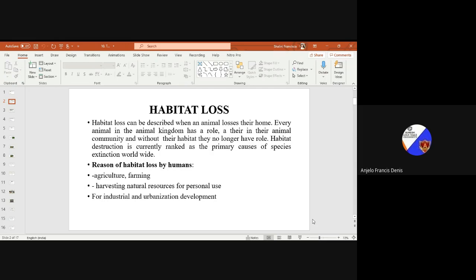So, what are the major reasons of habitat loss by humans? First is agriculture and farming, harvesting natural resources for personal use, for industrial and urbanization development.